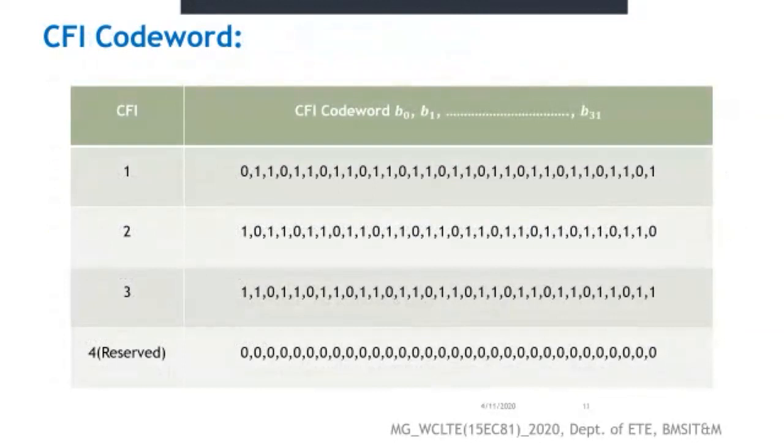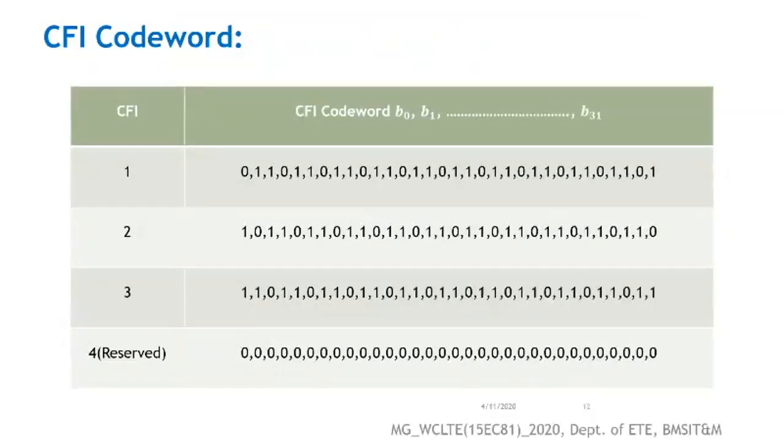And this is what the CFI code word is. It is 32 bits. As I said, the CFI has 3 values, 1, 2, 3, and the fourth one is reserved. And this is a 32-bit code word, right? For the first one, when CFI is equal to 1, the 32-bit code word is 011, 011, and so on up to 32 bits.